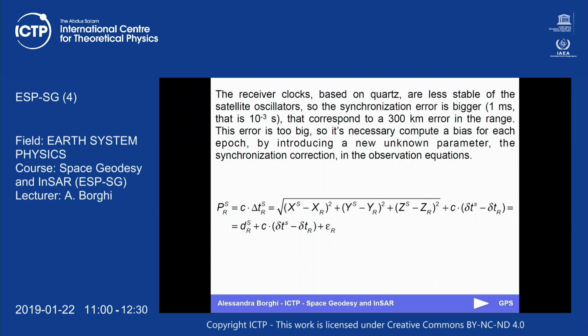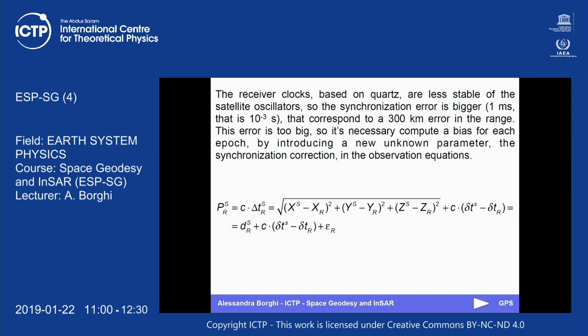So we have four parameters, and we need 4 equations. This is the reason why GPS is designed to see at least 4 satellites. We need to correct the synchronization error between the clock of the receiver and the satellite.